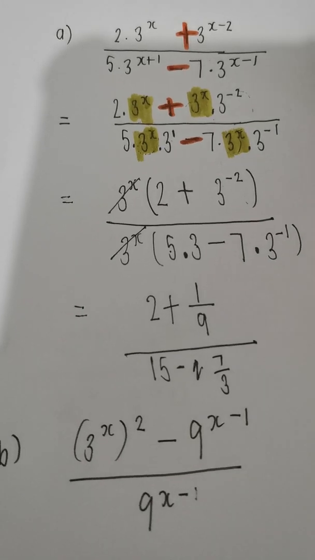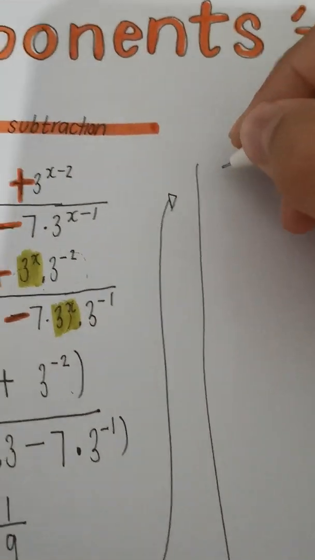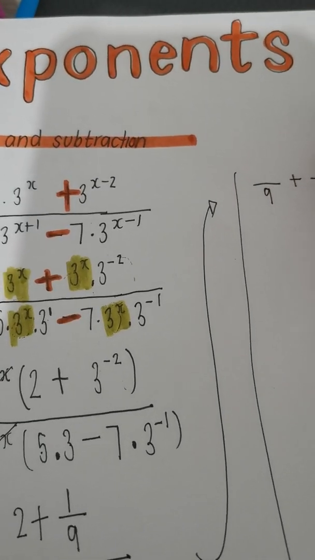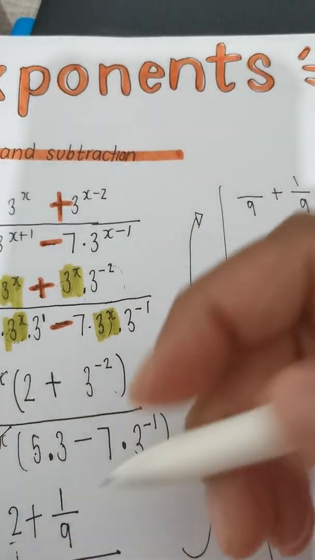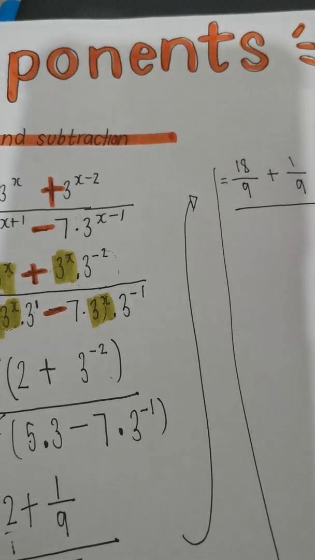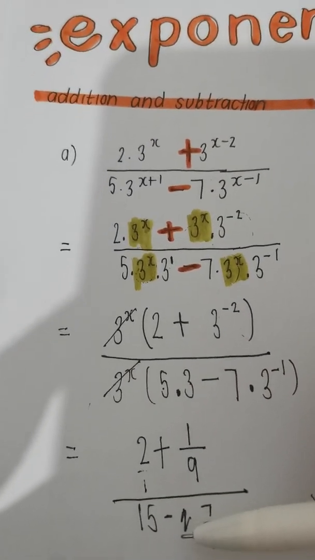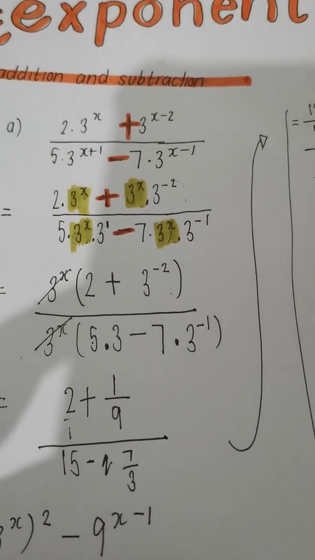Okay, let's continue. Because this is addition of two fractions, it's going to be the same denominator because of the LCD. This one here is currently over 1. We want it over 9, so multiply by 9, giving me 18. This here is again over the same denominator, so over 3.